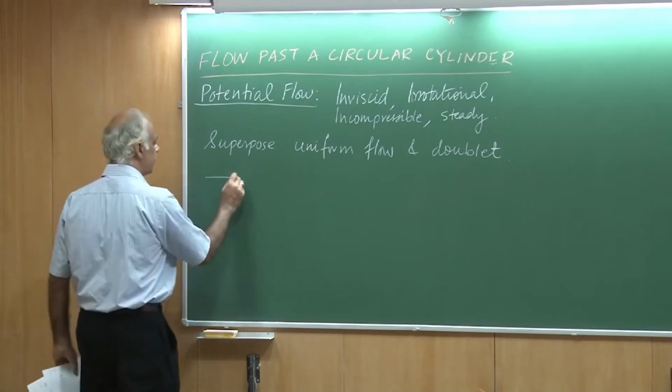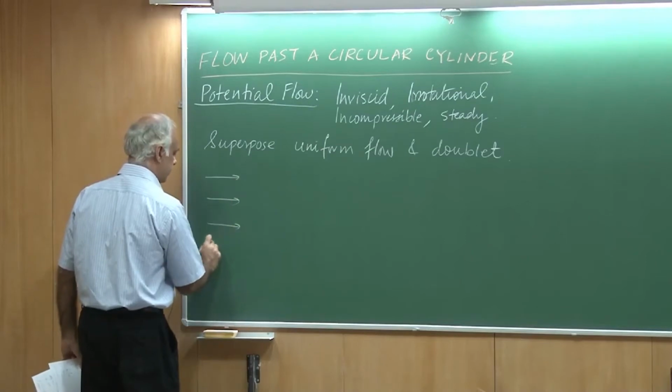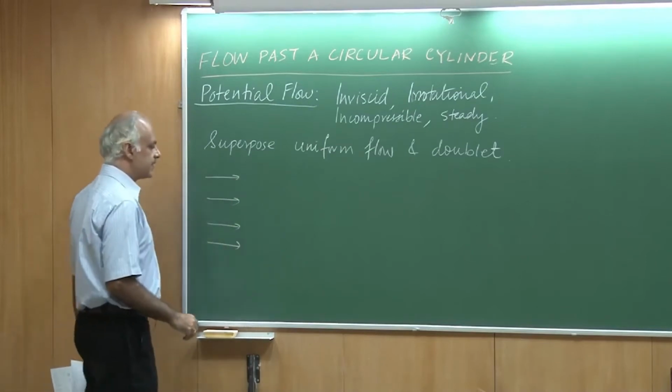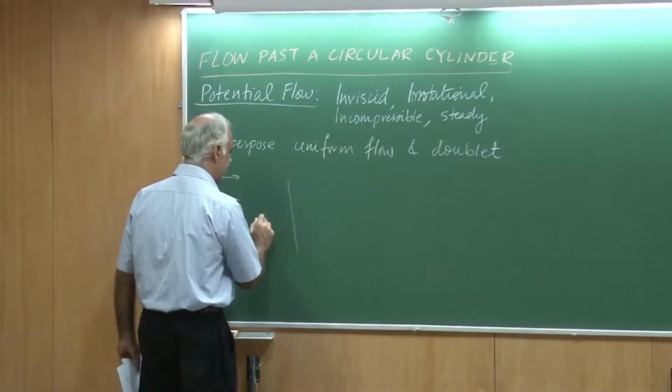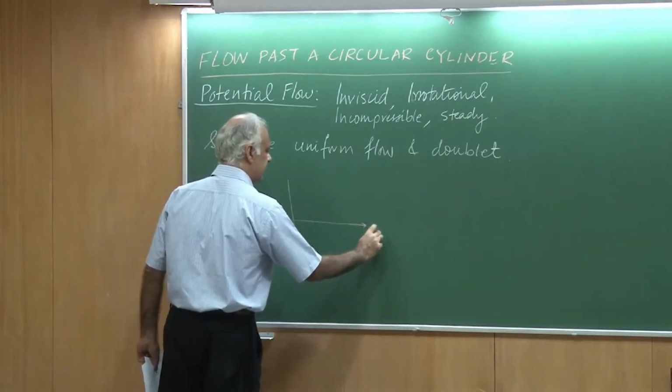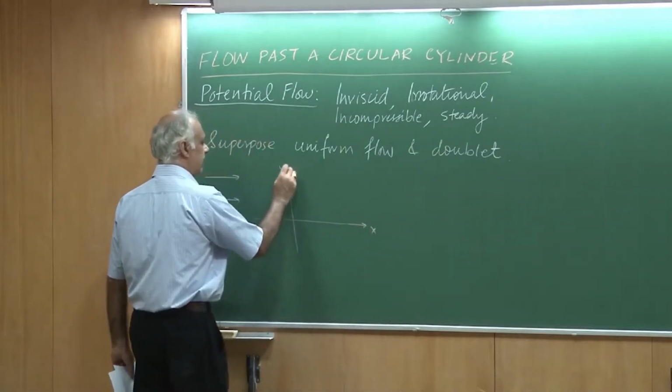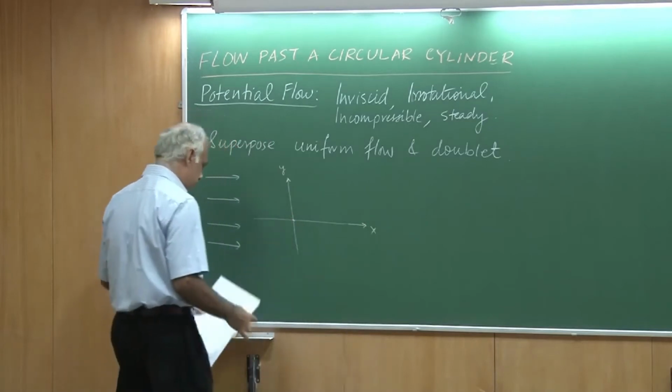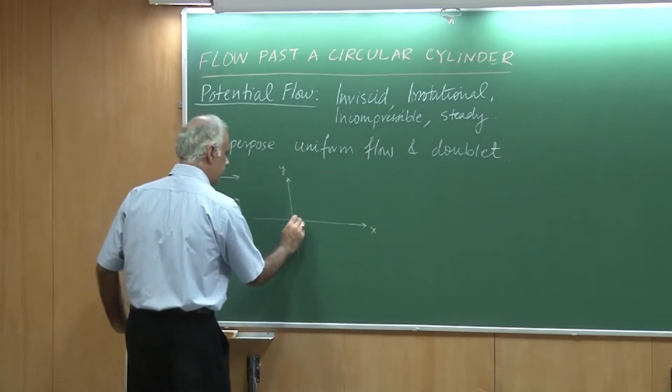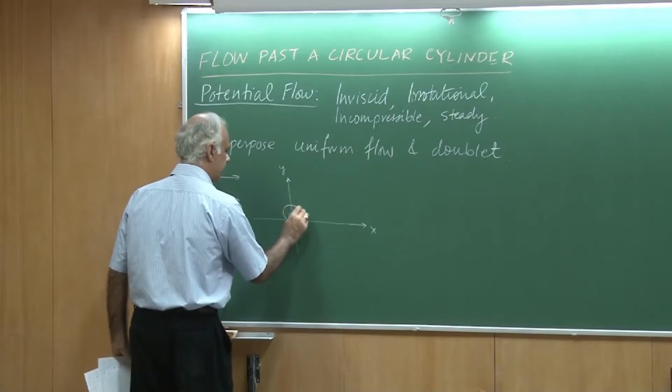So here is a uniform flow. This is aligned with the x axis, and here I have the axes, x and y, and I am going to put a doublet here.